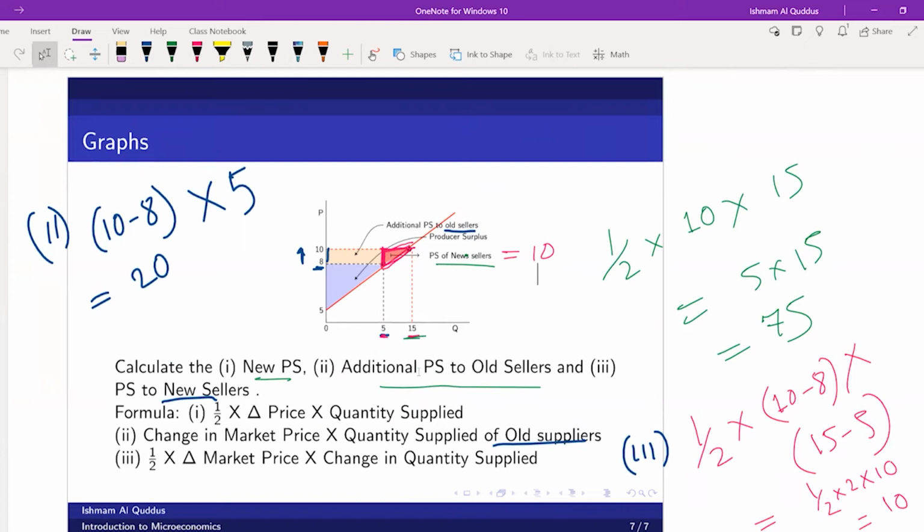So it is important to take into account the concept of consumer surplus as well as the concept of producer surplus, because this is actually social welfare and also efficiency.